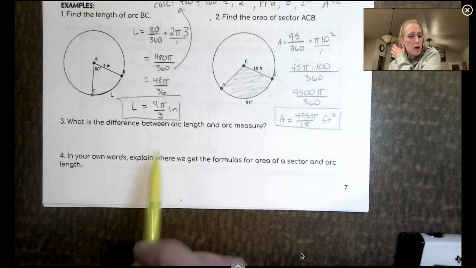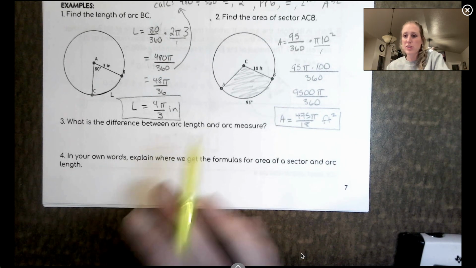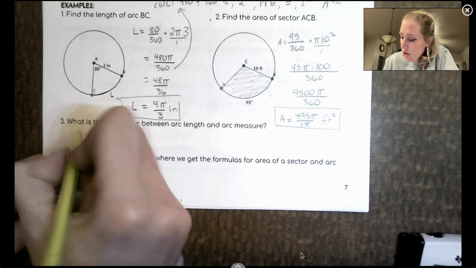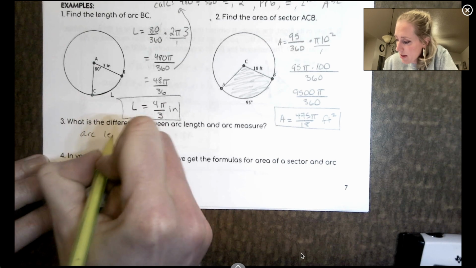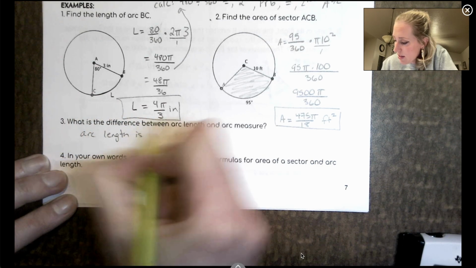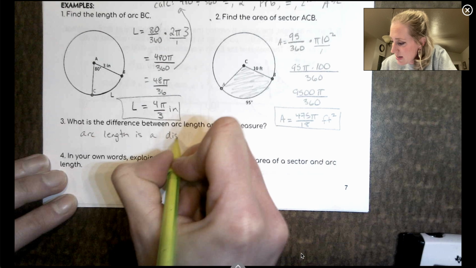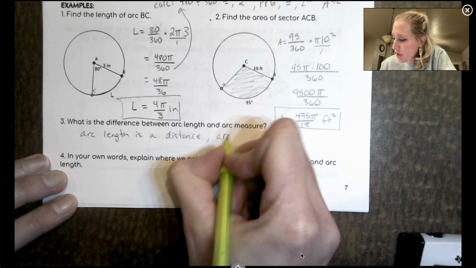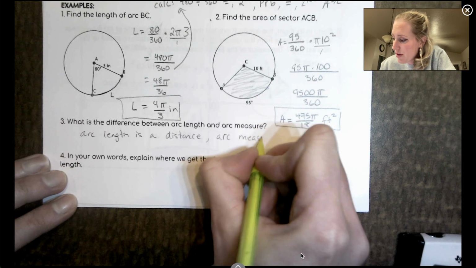What is the difference between arc length and arc measure? This is the first time we've talked about arc length. Arc length is a distance. Arc measure is an angle.